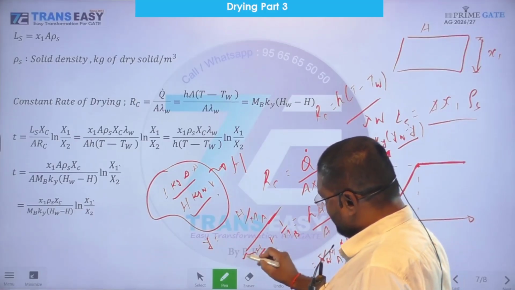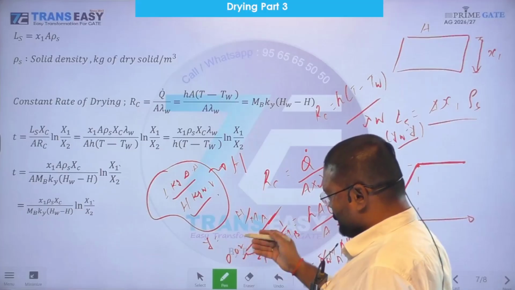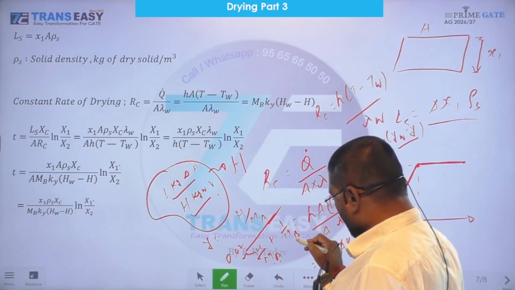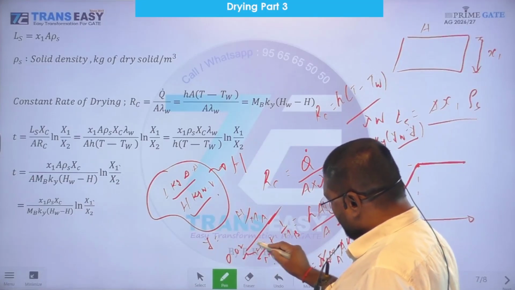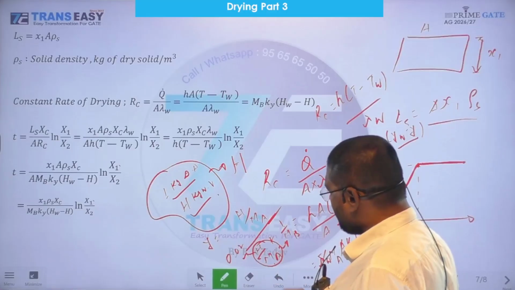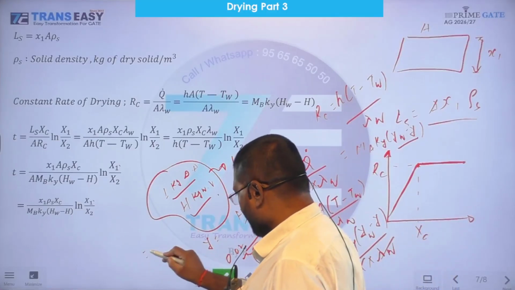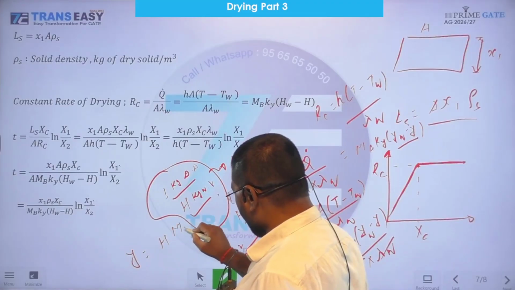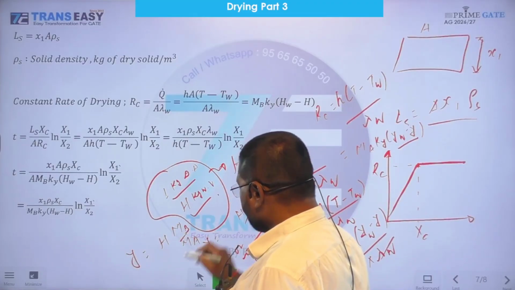Here H is in the order of 0.02, 0.01, and here we have 1 over 18.02, 28.97. So we can neglect this if we compare this term with this. For simplicity, we are neglecting this. So H M_B upon M_A.